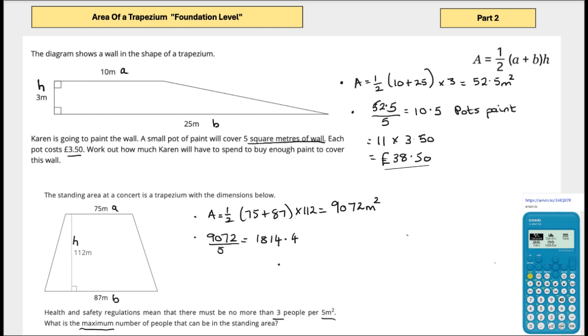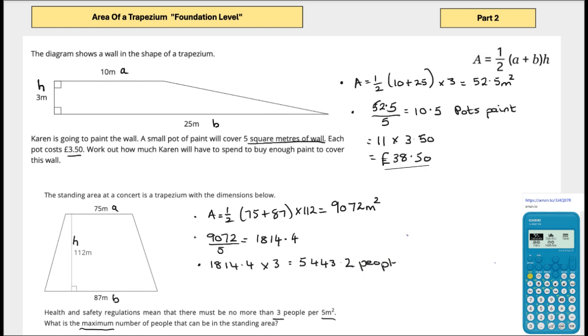Okay. And the final part is no more than 3 people. So what you're going to do now is get your 1,814.4 times 3, which gives us 5,443.2 people.